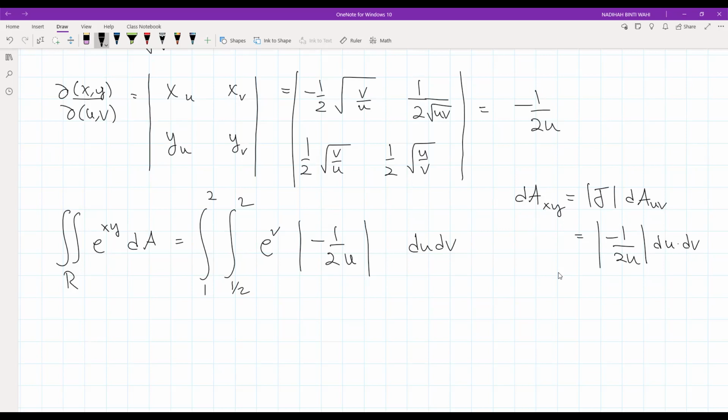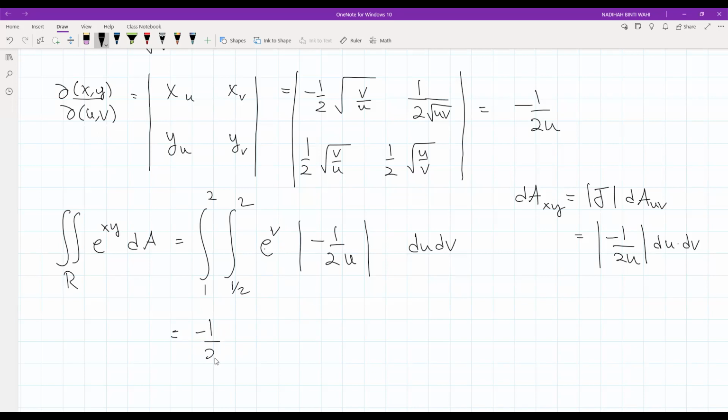Okay, do I need to evaluate this? I think this is easy for you. You can use the iterated integral, because now e^v is a constant. You can take it outside of the variables. And then 1/2 is also a constant, so you can take it out.